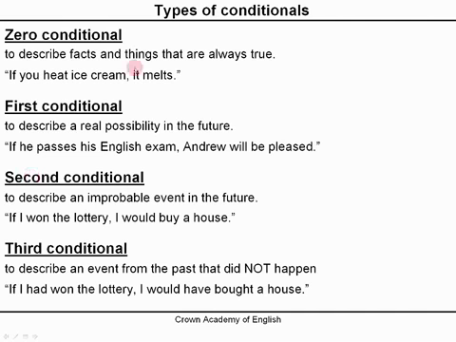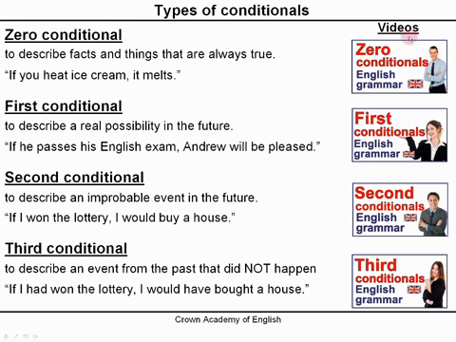So there are lots of different rules and exceptions for all of these different types, and they're quite complicated. So I have made a separate video to explain each type of conditional. So here are the separate videos that I have made for these types of conditionals.